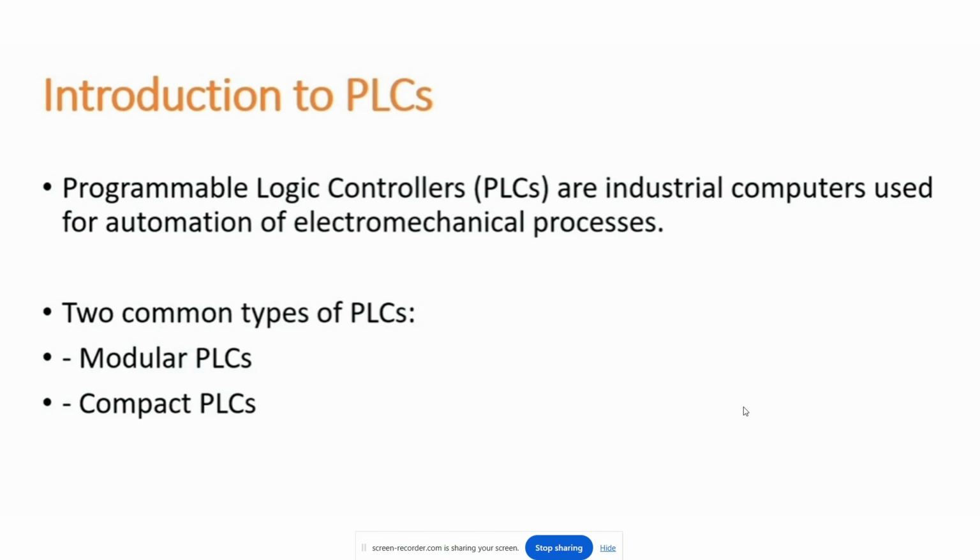Okay, kwamba tunakuwa kuna electronic devices, mechanical devices kama actuators and relays, electronic devices kama input sensors, switches, etc. So it integrates between the two, kuangalia kipi kinatoka kwenye input, ku decide what will be done after we have that input, and then send a control signal to the output actuators. So we've said earlier, two common types of PLCs, modular and compact PLCs.